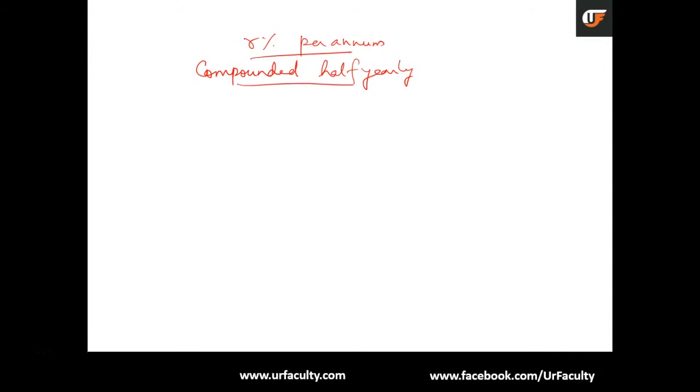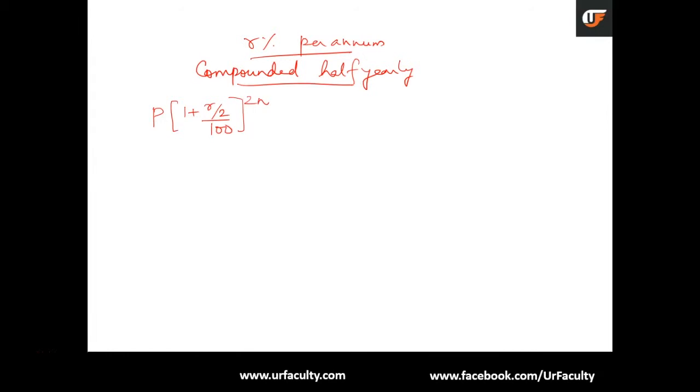Why I'm doing this again is I thought that page was a little cluttered, so I'm trying to explain it again here. So at R percentage per annum compounded half yearly, what do you get? P into 1 plus R by 2 by 100 power 2n.